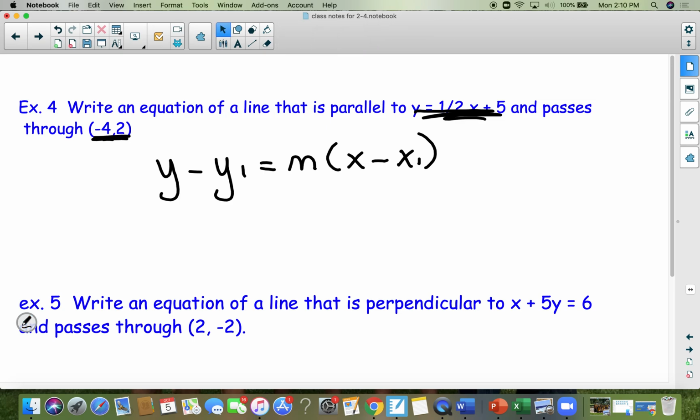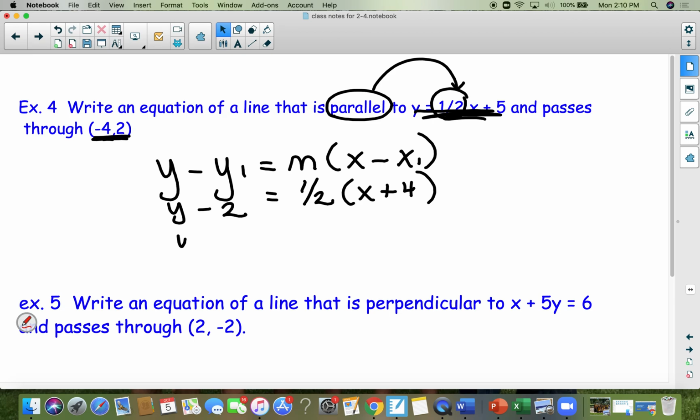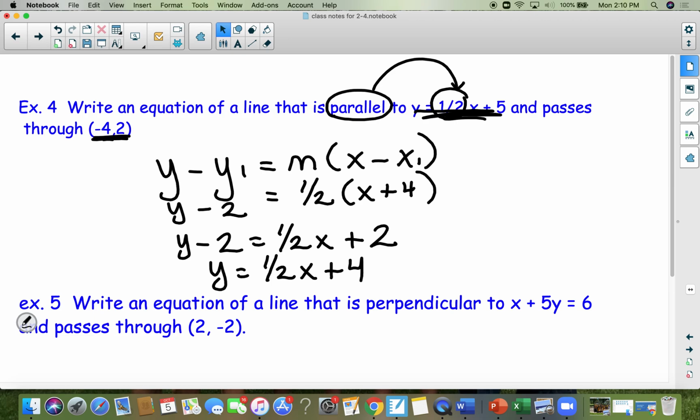Well, if it's parallel to this, parallel lines have the same slope, so you can put a 1/2 in there because it has to be the same as that, and it passes through (-4, 2). So the x is going to be x plus 4, and the y is going to be y minus 2. y minus 2 is equal to 1/2 of an x plus 1/2 of 4 is 2. y is equal to 1/2 of an x plus 4.